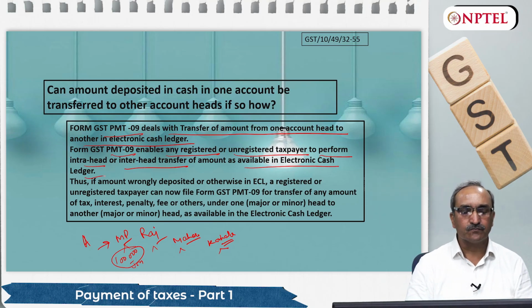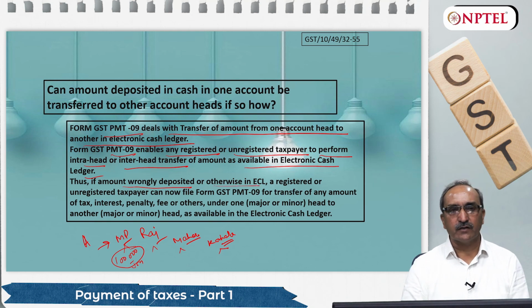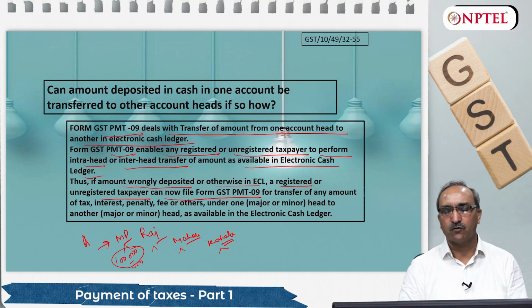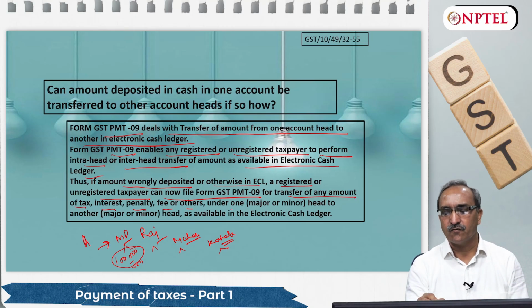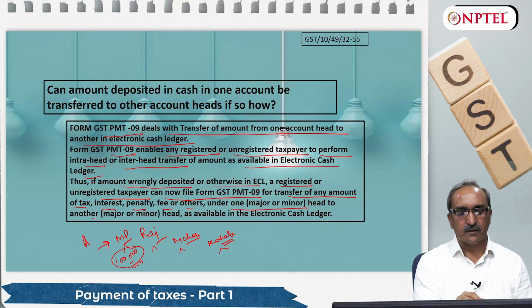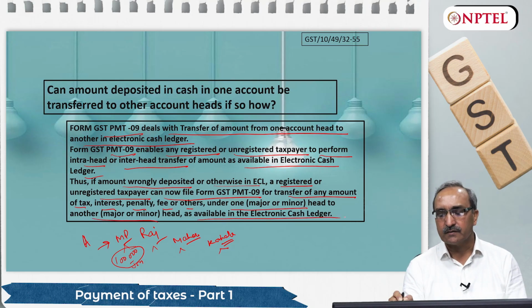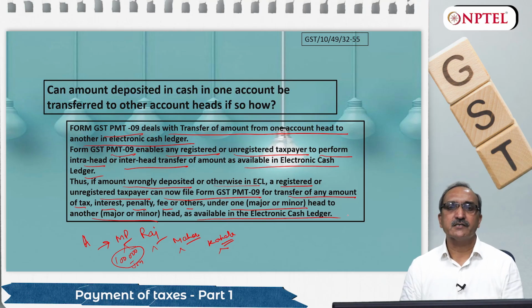Meaning thereby, if an amount is wrongly deposited in the electronic cash ledger, a registered or unregistered person can now file PMT-09 for transfer of any amount of tax, interest, penalty, fee, others under one major or minor head to another major or minor head. So the amount can be transferred.